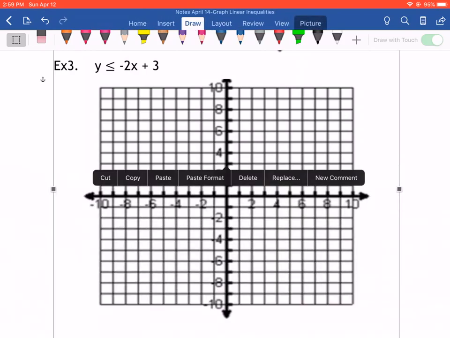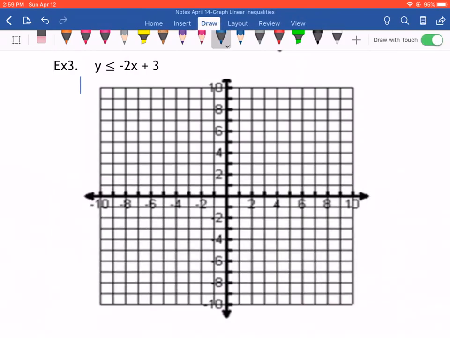Let me get a different color going here. My slope is -2. So from this point, I'm going to go down 2 and over 1. Once again, down 2, over 1. We can see this pattern emerging. If I want to go up 2 and over 1, I can do that and get a point there.